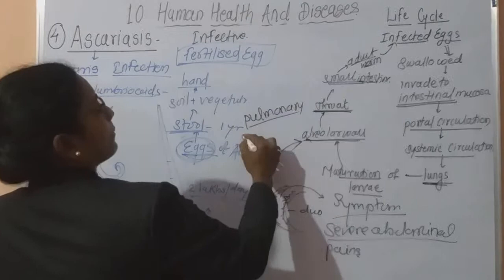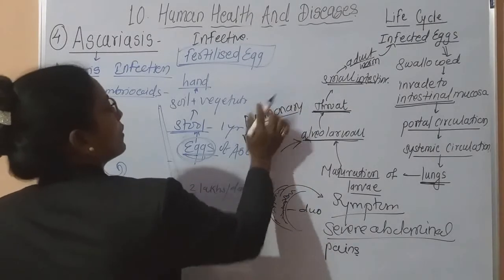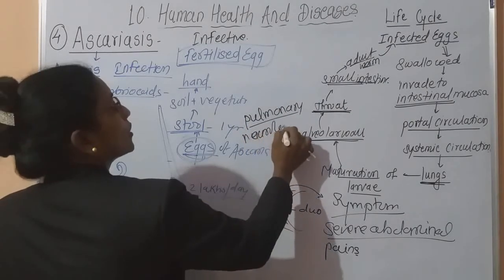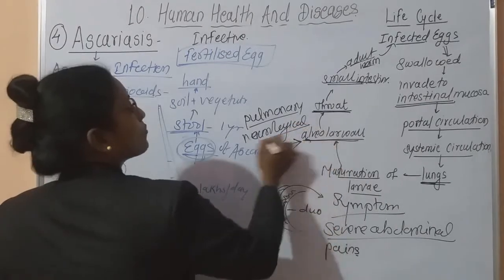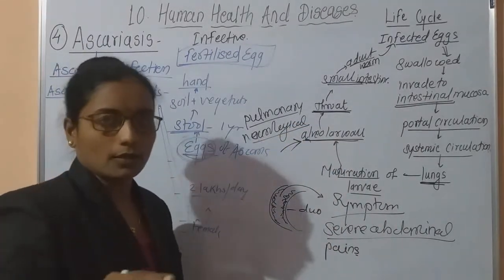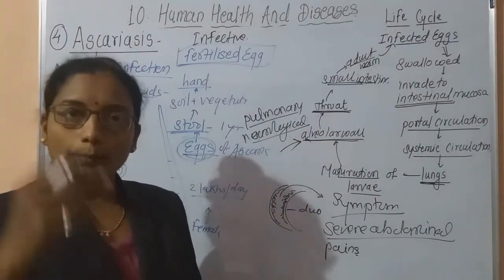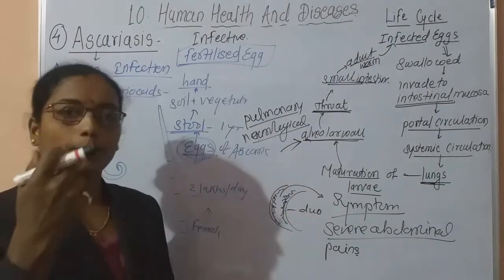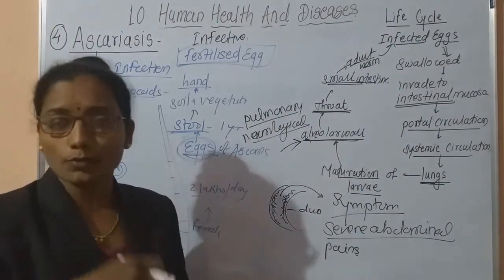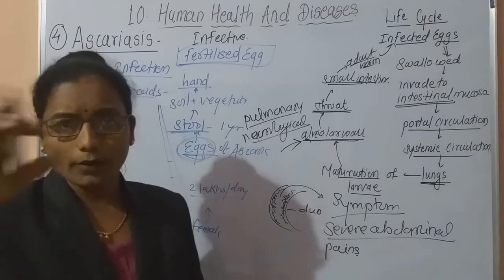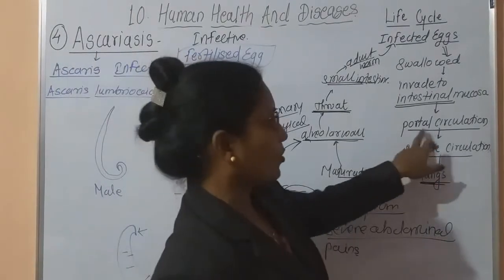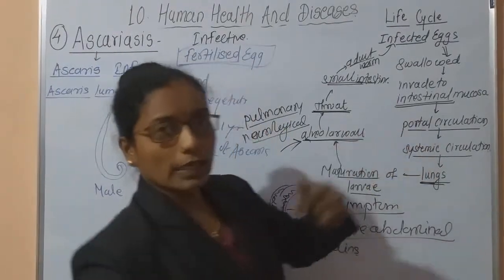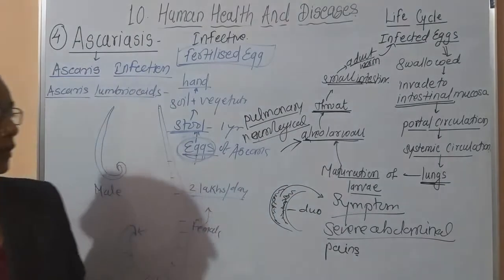Okay, sometimes pulmonary symptoms occur, or also neurological symptoms occur, because once this parasite is released in our blood, it may reach our brain, our eyes, our lungs, the total body, that is in systemic circulation or portal circulation, this larva can migrate everywhere in our body.